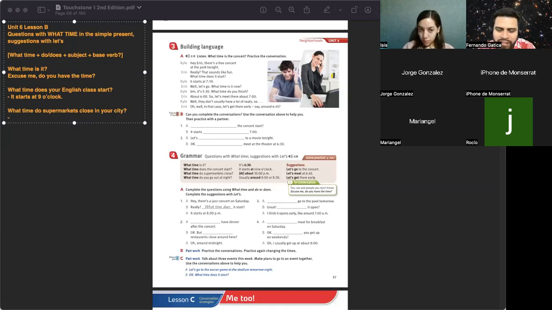What time do supermarkets close in your city? Jonathan? It's closed usually around 9 or 10 p.m. Oh, very early. Yes. They usually close around 9 or 10 p.m. Nice.